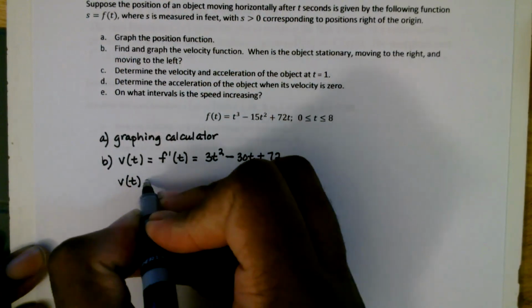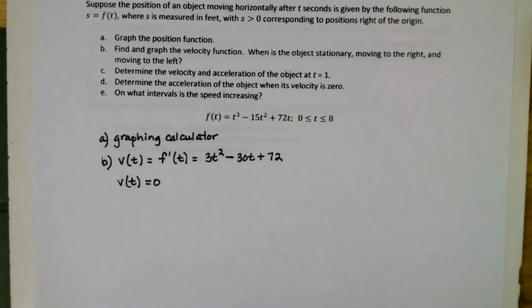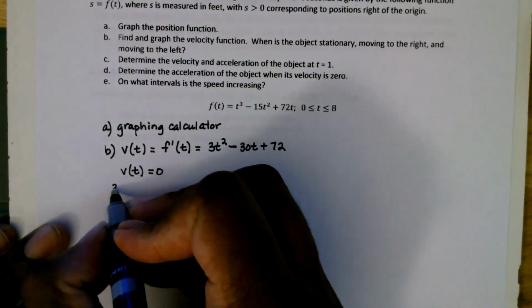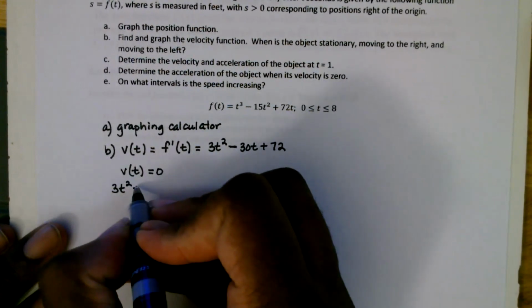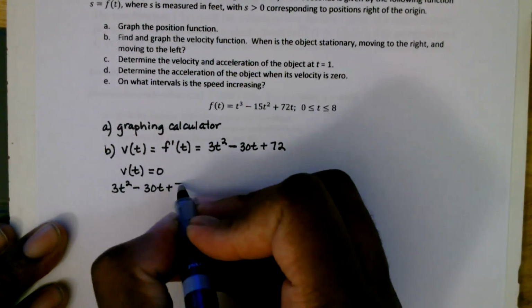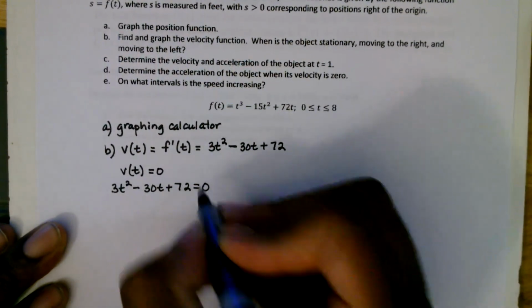Let's find out where it's stationary. That means we take our function and set that equal to 0. Our v of t function is going to be 3t squared minus 30t plus 72, and that's set equal to 0.